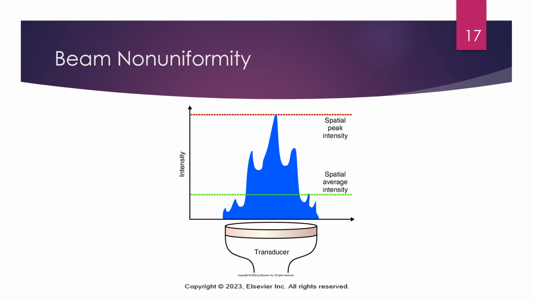Then let's look at the spatial average intensity, this green dotted line here. This is the value you set on the ultrasound machine. This is basically the average output that you're getting through those tissues. Okay, so beam non-uniformity ratio measures how much that spatial peak intensity deviates from that spatial average intensity.